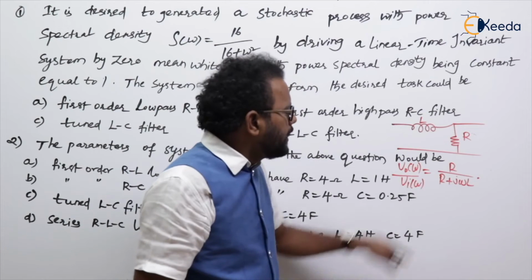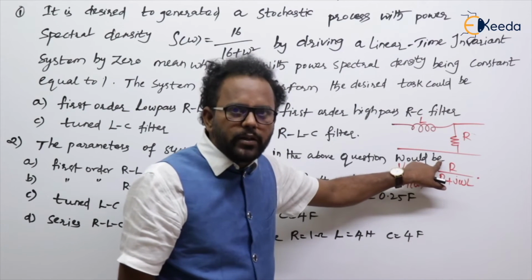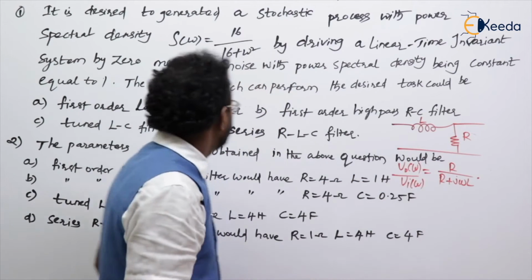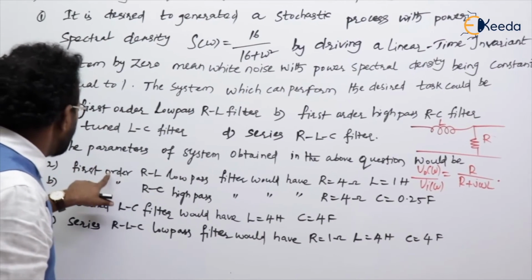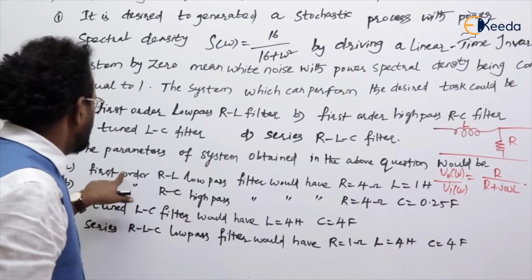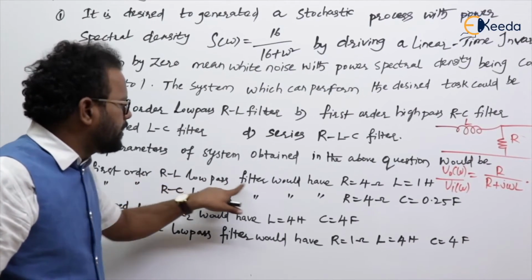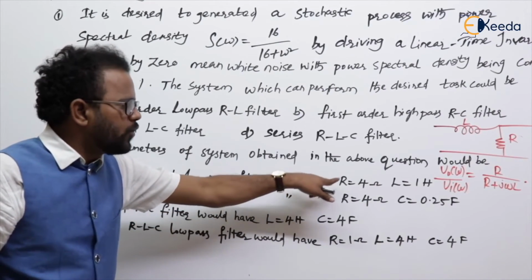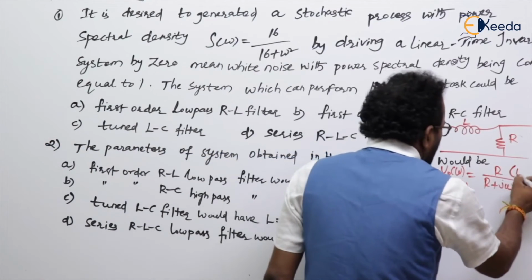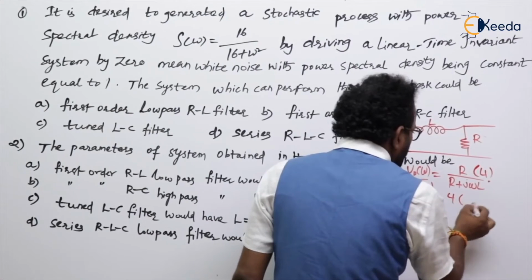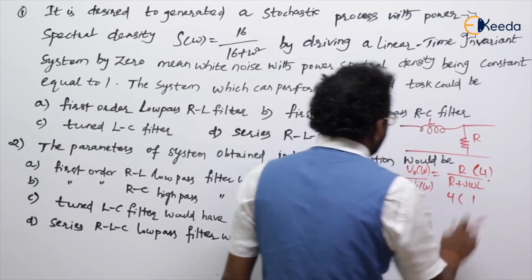Here we have to combine with the second question also. If I take the first option, even in the second question I have to take the first option: the first order RL low pass filter with R value 4 and L value 1. R value 4 divided by 4, this is 1 Henry.